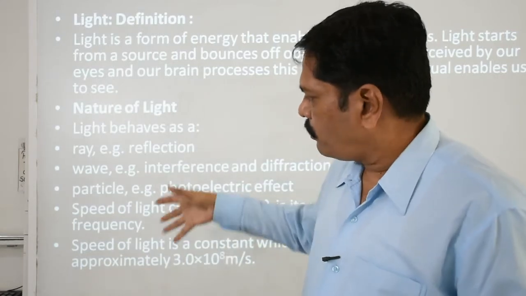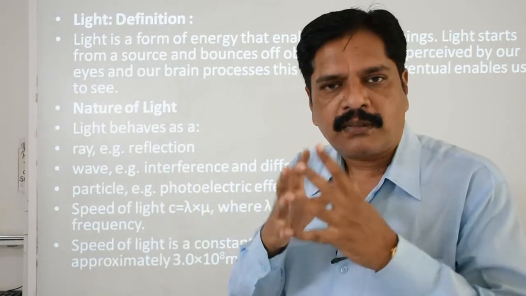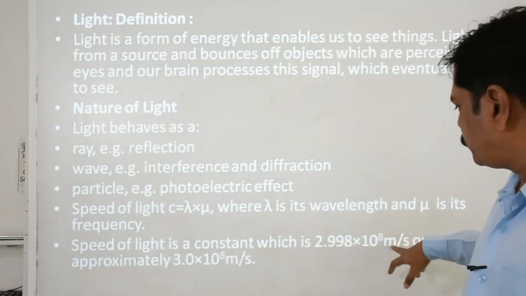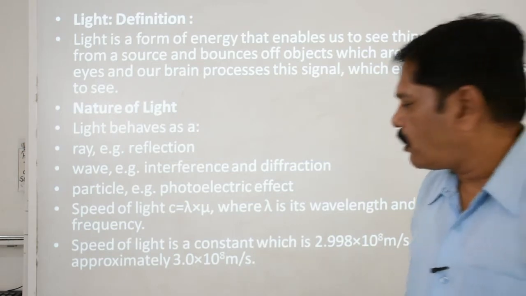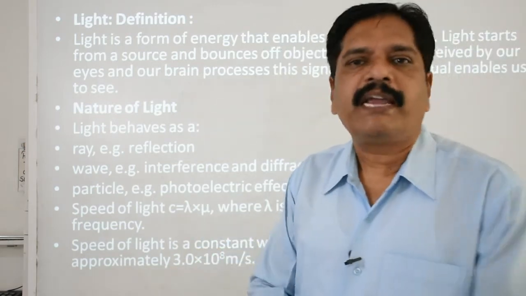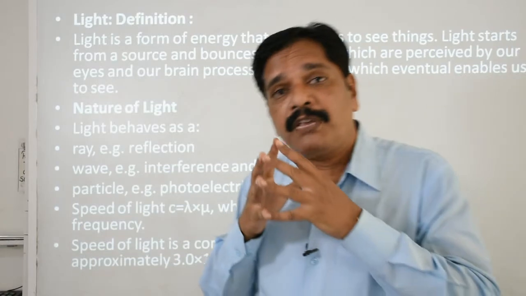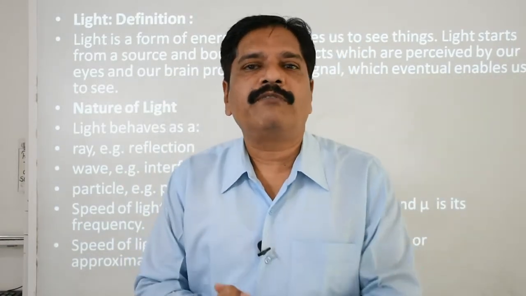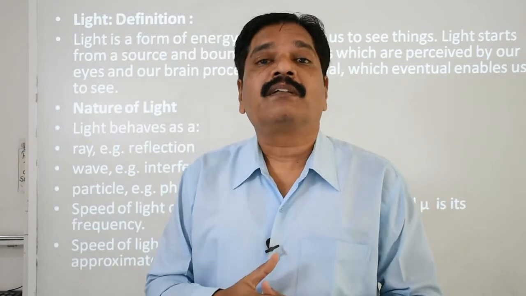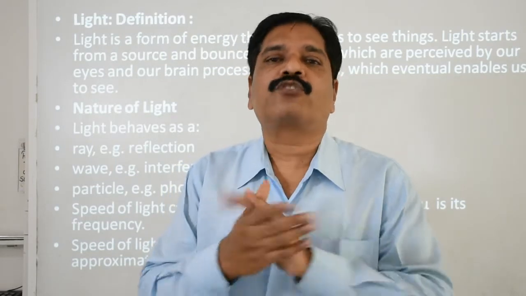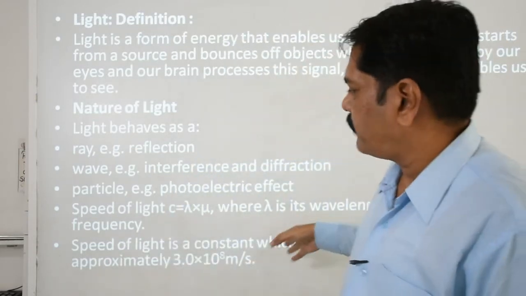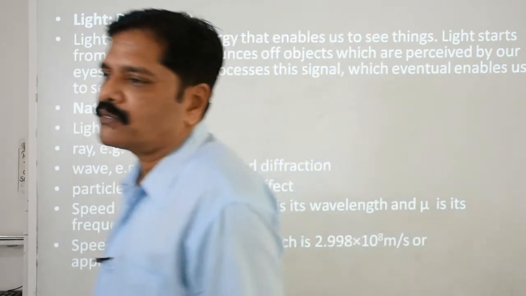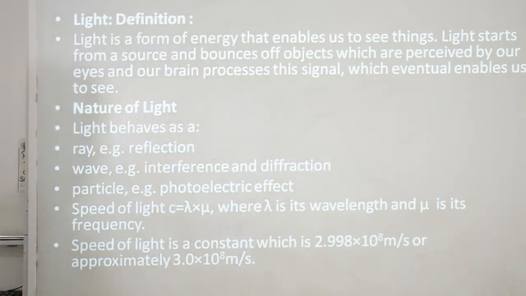But in all, when you talk about a simple beam of light, the speed is nearly 2.998 into 10 to the power 8 meter per second, or 3 into 10 to the power 8 meter per second, when we are talking about the rarest medium, that is the vacuum. So this is the basic fact, the speed of light. Just remember this, and the definition and its nature also.